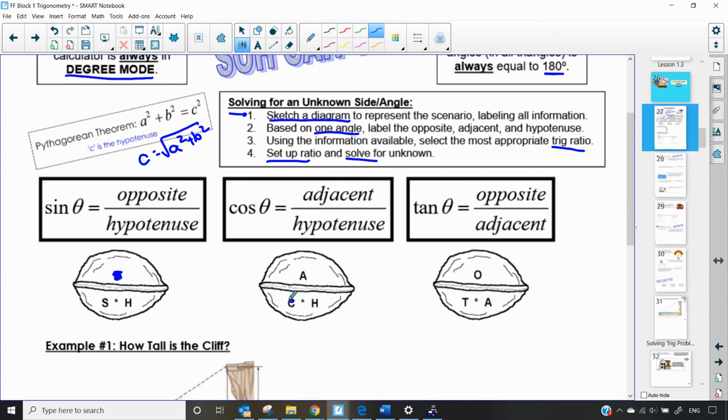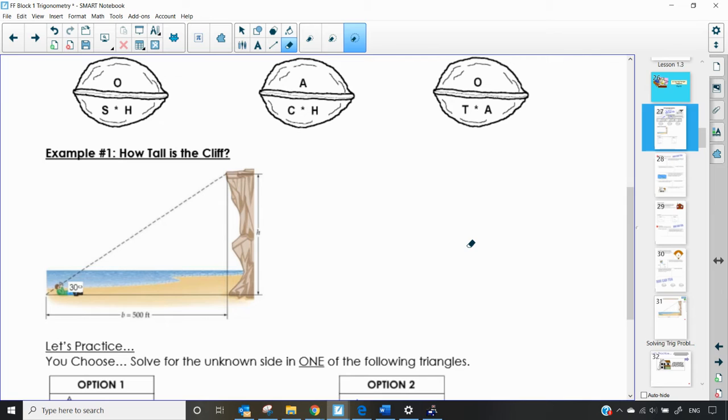If I was looking for cosine of the angle, that's adjacent over hypotenuse. Or if I was looking for adjacent, it would be opposite divided by tangent of the angle. Again, I don't really like to focus on those because ultimately I want you to know the algebra behind them. But they are there if you need them as a tool to start off with.